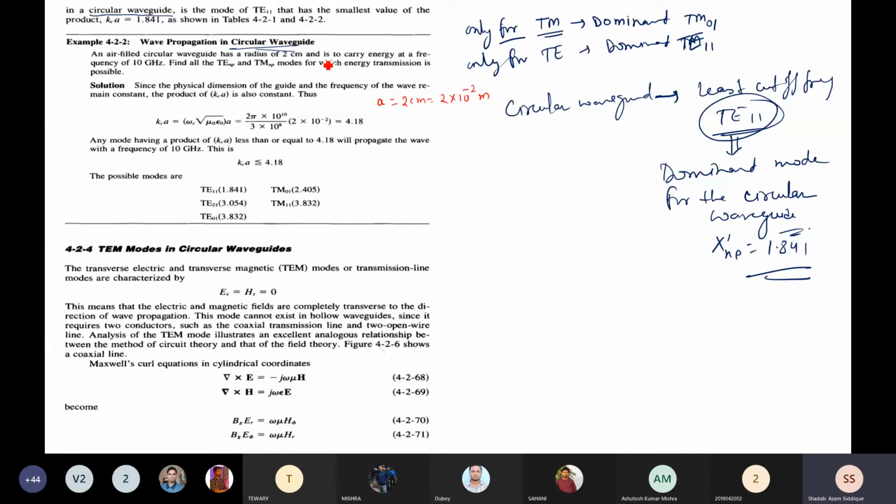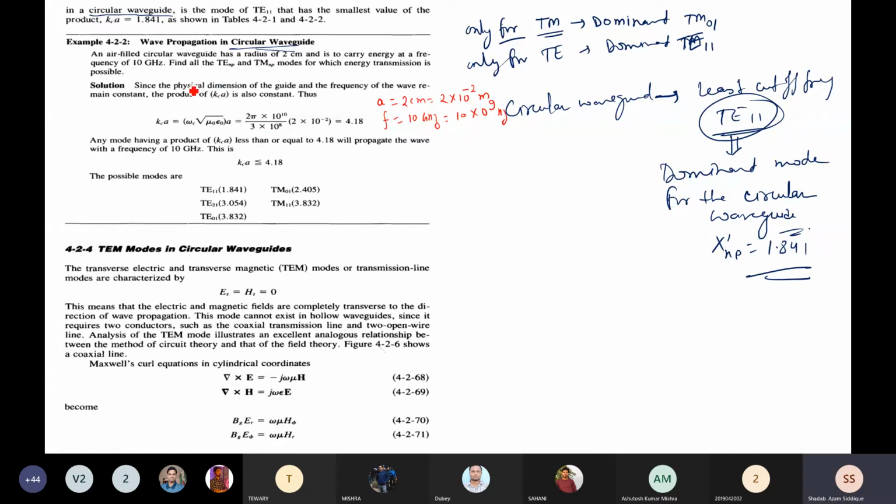And it is to carry energy at a frequency of 10 gigahertz. So f is equal to 10 gigahertz, that is 10 into 10 to the power 9 hertz.